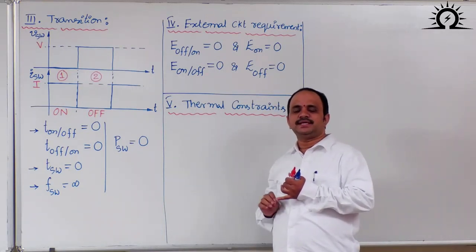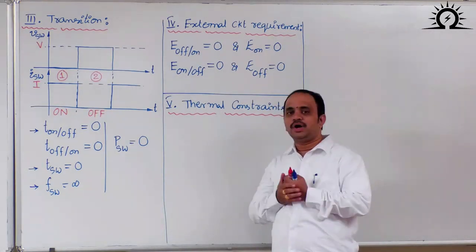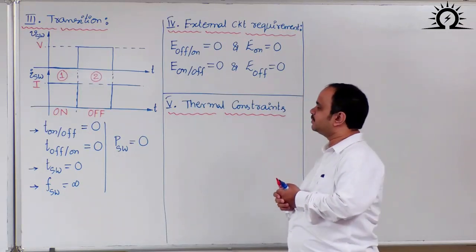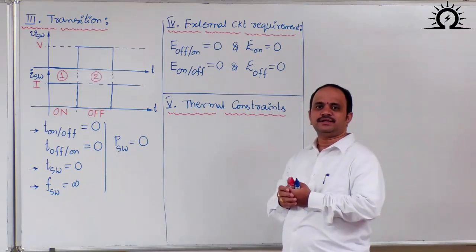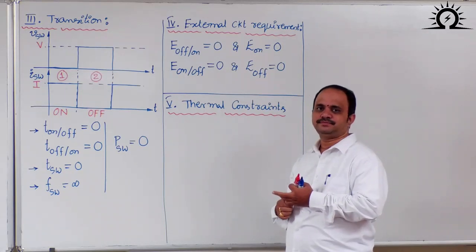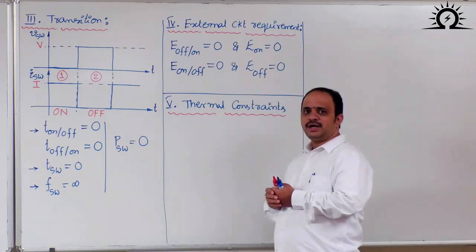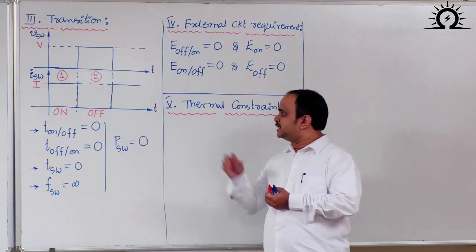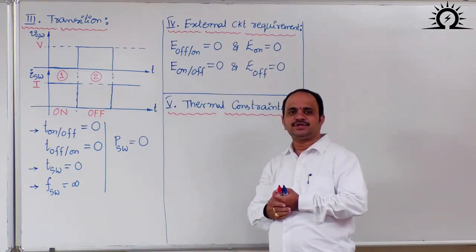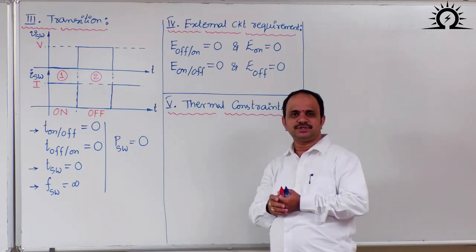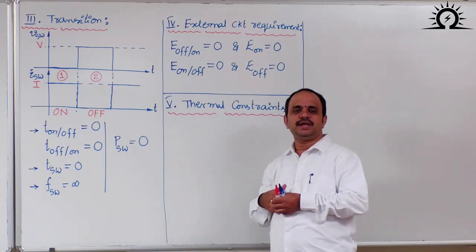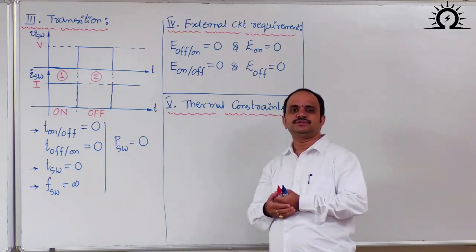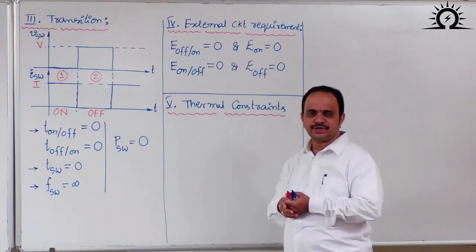When the switch is in the off state, blocking loss is 0. During the transition, switching loss is 0. Therefore, what is the heat delivered from switch operation under ideal conditions? As the loss components are 0, there will not be any heat produced from the switch operation.